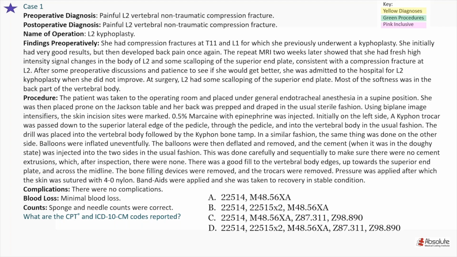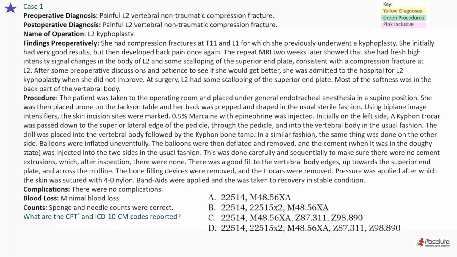There was a good fill to the vertebral body edges, up towards the superior end plate, and across the midline. The bone filling devices were removed and the trocars were removed. Pressure was applied, after which the skin was sutured with 4.0 nylon. Band-aids were applied, and she was taken to recovery in stable condition.